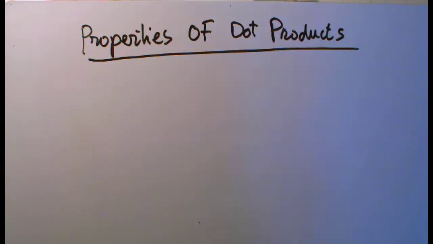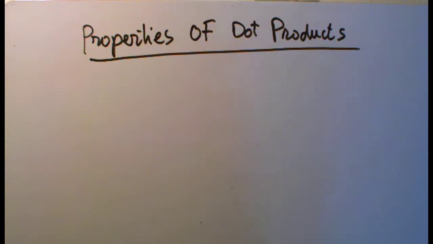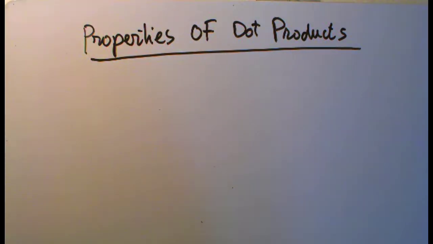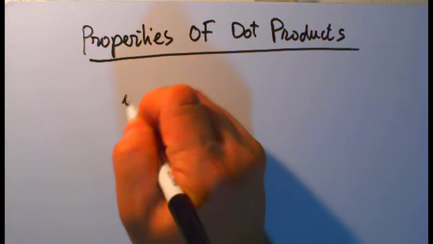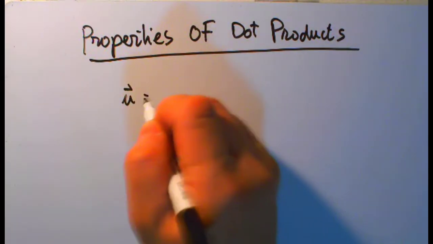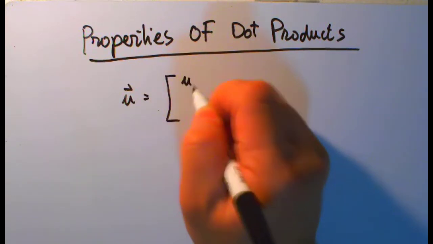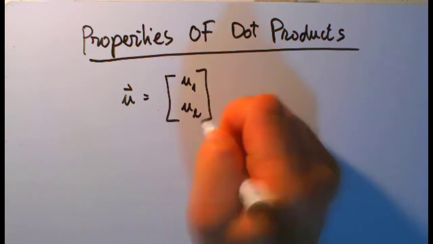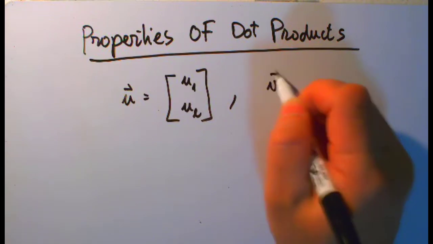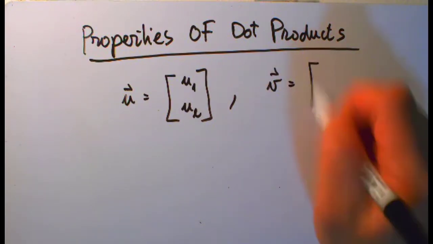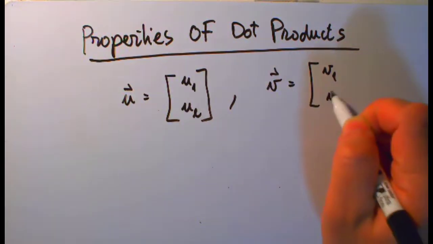However, like I said, we can always extend these proofs, these illustrations into vectors in Rn. And so let's say we have a vector u in R2 with components u1, u2, and another vector v having components v1, v2.